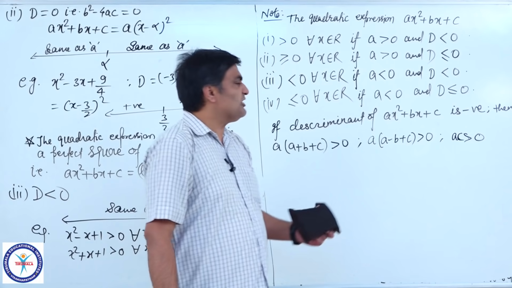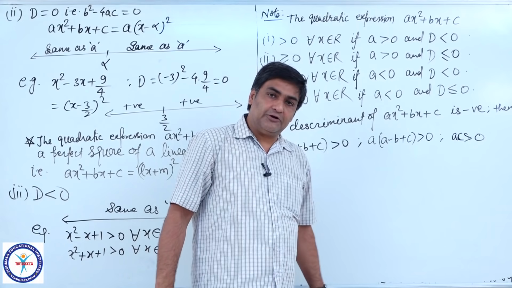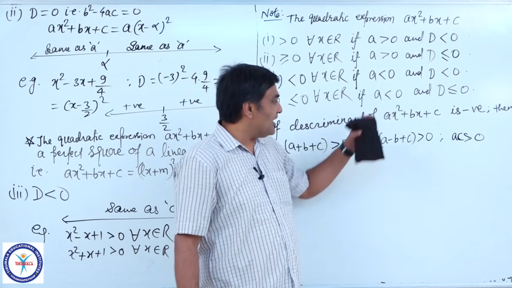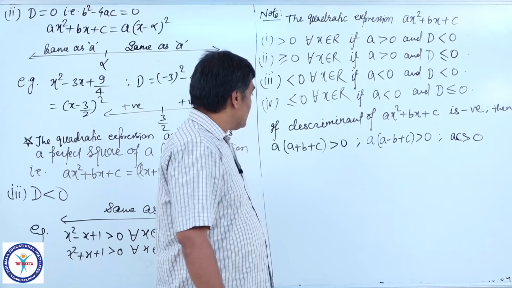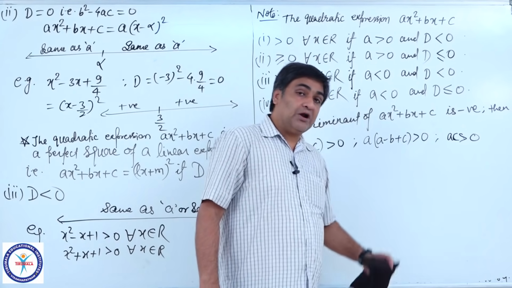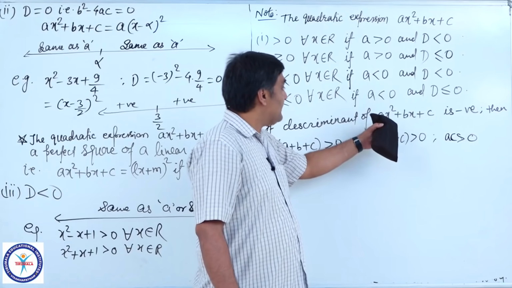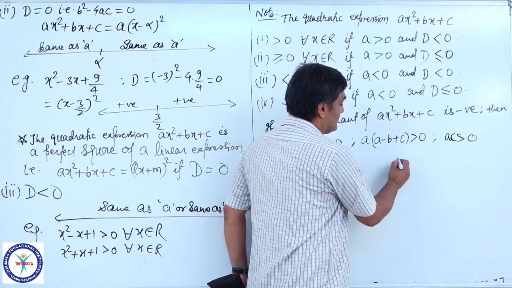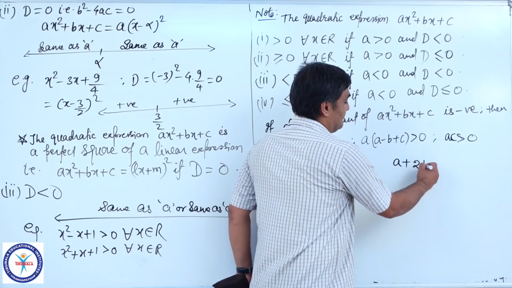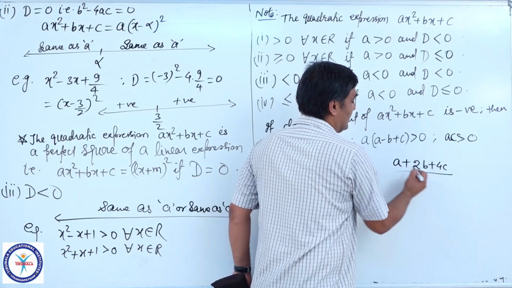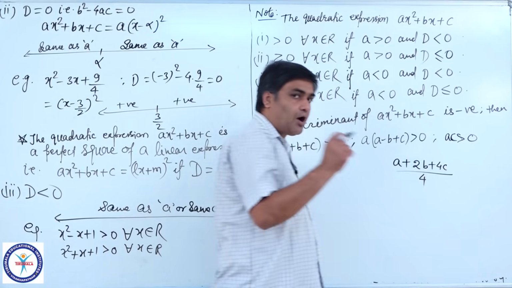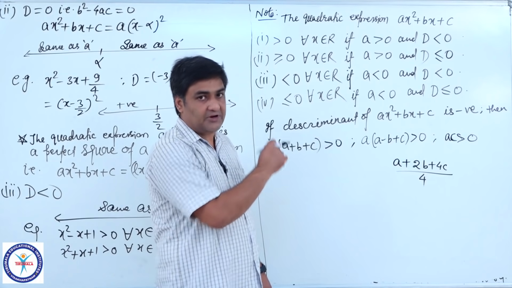Now, if we put x equal to 1 by 2, what will we have? We will have (a plus 2b plus 4c) by 4. See how the questions are framed on this concept.